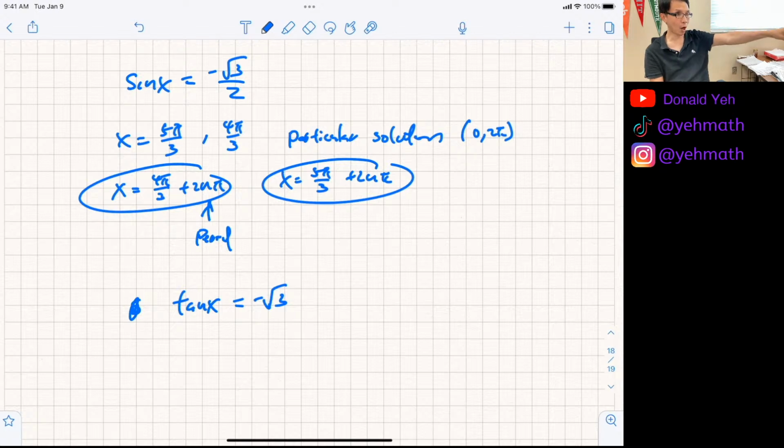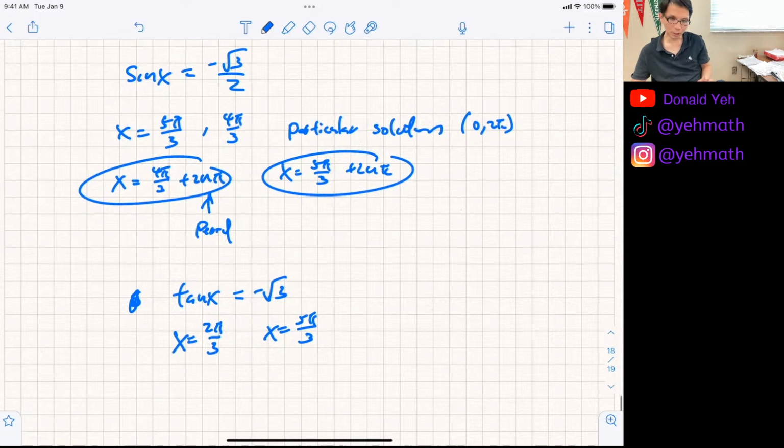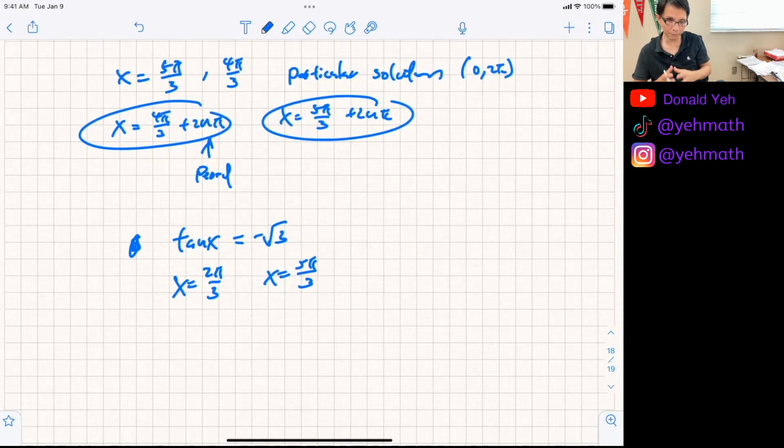Awesome. x equals 2π/3, x equals 5π/3. It has to be in the second and fourth quadrants. It has to be over 3 because the result is square root 3, so it has to be in terms of π over 3. So it's going to be 2π/3 and 5π/3.